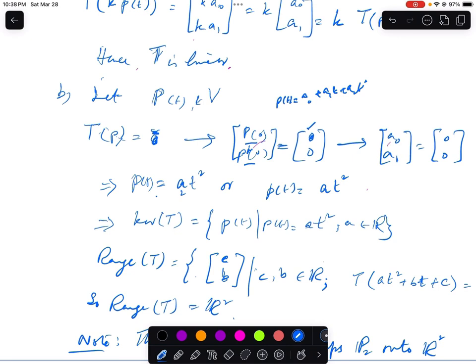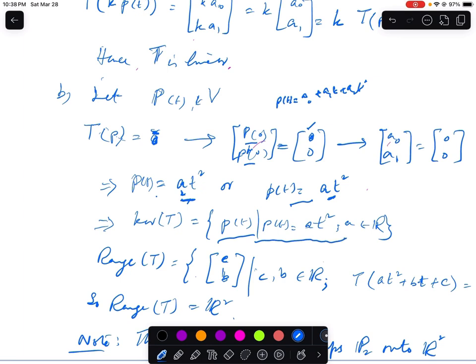So we want this to be 0, 0, which means a0 should be 0 and a1 should be 0. So what are we left with? We are left with a2 t squared. All the polynomials which have only the t squared term, with any number multiplied by it, you can in general say P of t is equal to a t squared. So all the polynomials of this type will be in the null space, or in the kernel of T. That's what I wrote here, in the set notation.